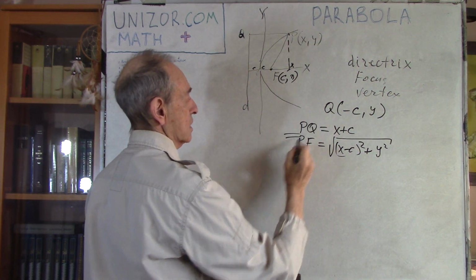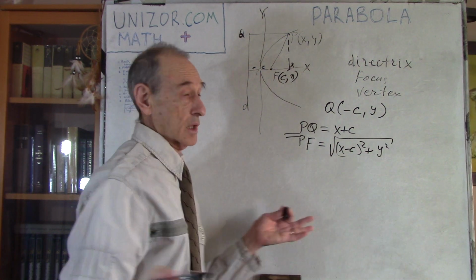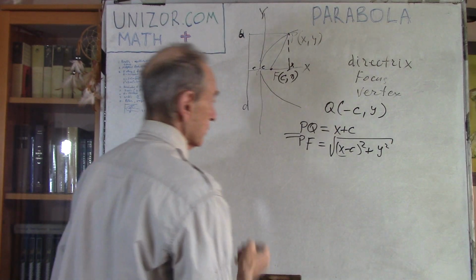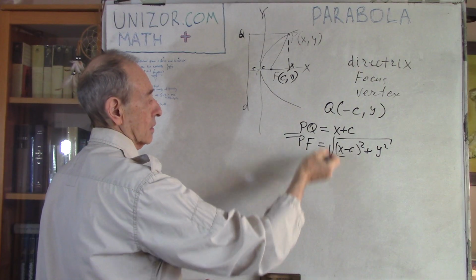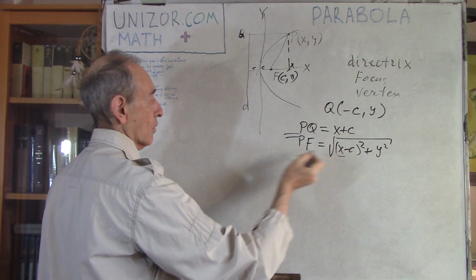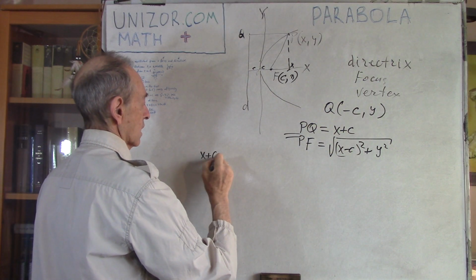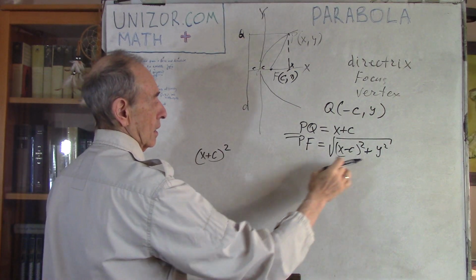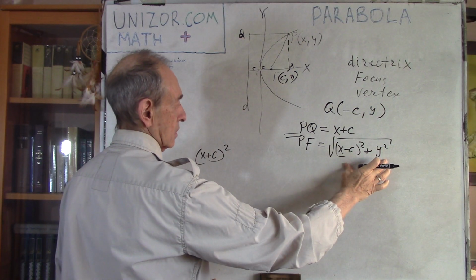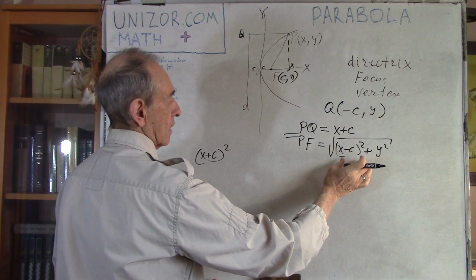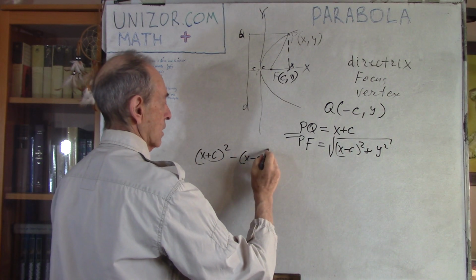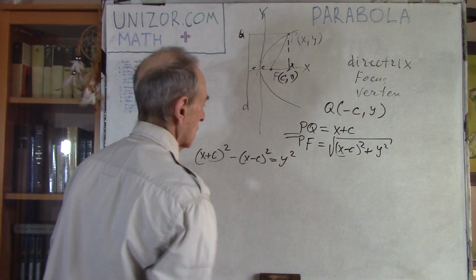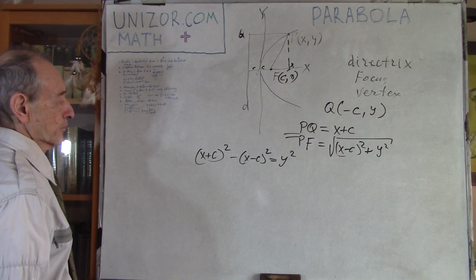And they are supposed to be equal to each other, right? Here is an equation. Well, the easiest way, since they are equal, is to square both sides. So it would be x plus c squared is equal to whatever is under the square root. I will put this one to the left, so it will be minus x minus c squared equals y squared.